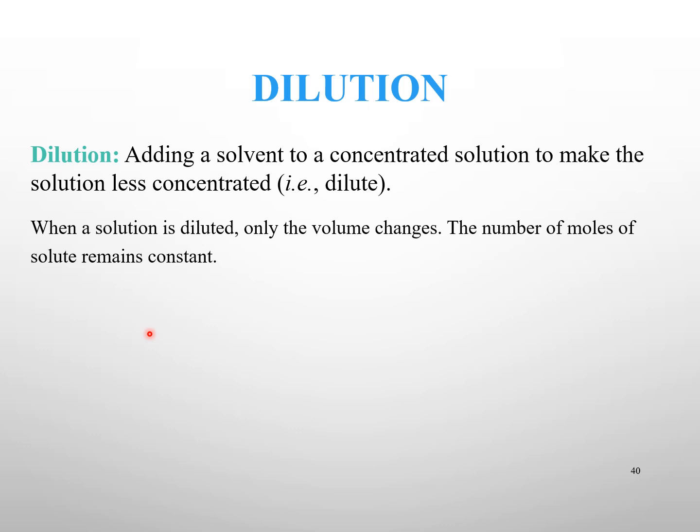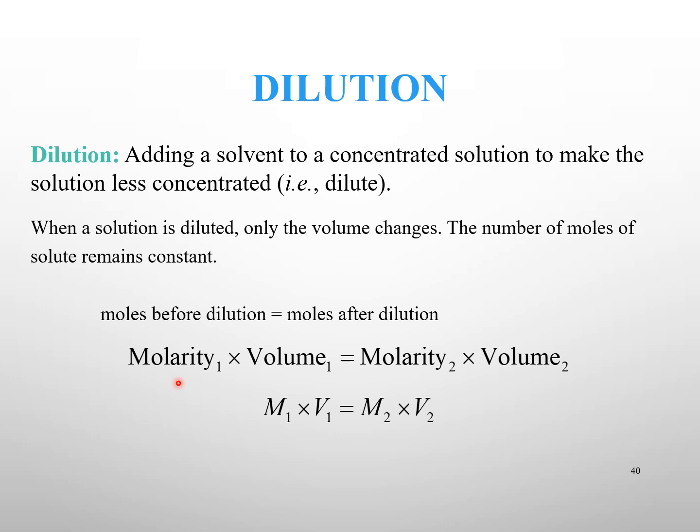So the moles before dilution and moles after are always the same. Because molarity times volume gives moles, I can write the formula M1V1 equals M2V2, where molarity times volume of the first scenario equals molarity times volume of the second scenario, because the moles are the same. We'll be using this formula a lot.